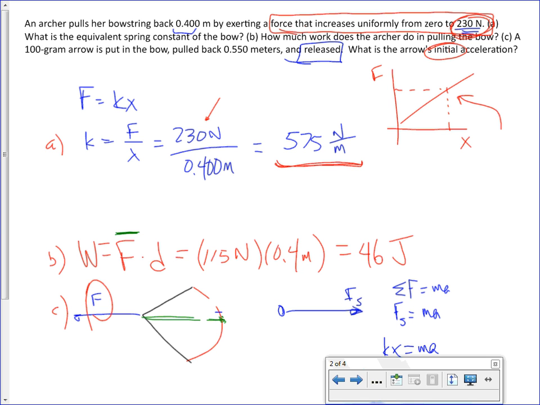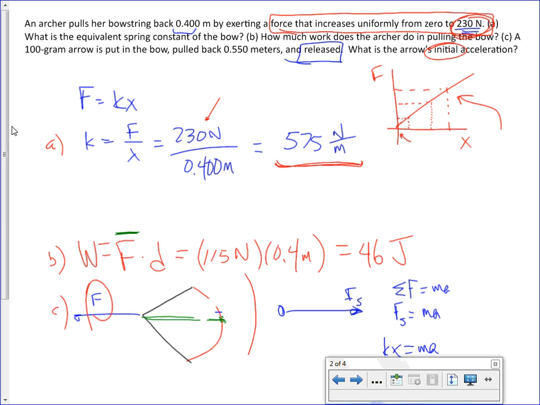But as soon as the spring, or the bow in this case, which acts like a spring, starts to go back towards its original setup, x gets smaller, F gets smaller, and acceleration gets smaller. Eventually, when the bow is back to its initial length, there's no more force, and the thing doesn't accelerate anymore.